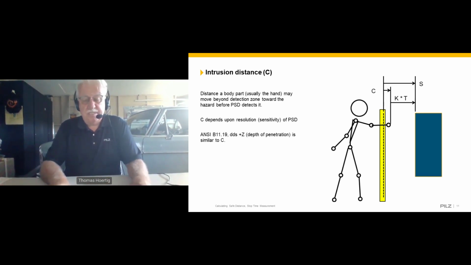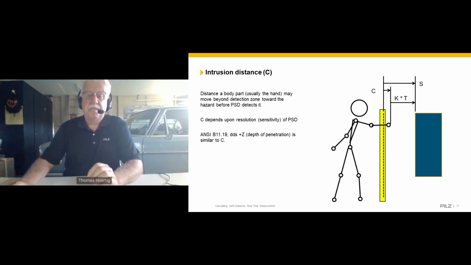The intrusion distance C is the distance of a body part, usually the hand, that may move beyond the detection zone towards the hazard before the presence sensing device detects it. And C depends on the resolution or the sensitivity of our presence sensing device.